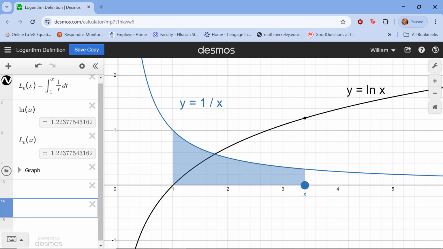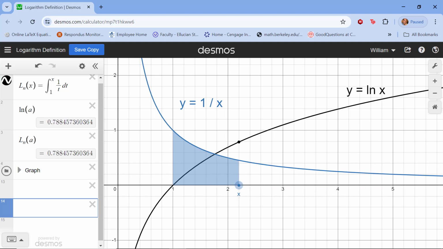I therefore get different values of the natural log of x. So here, if x is 4, the area under the graph of 1 over x and above the interval from 1 to 4 would then correspond to the natural log of 4, and I plot the point you see in black on the graph of the natural log of x. So as I move x, I wind up tracing out the natural log graph.